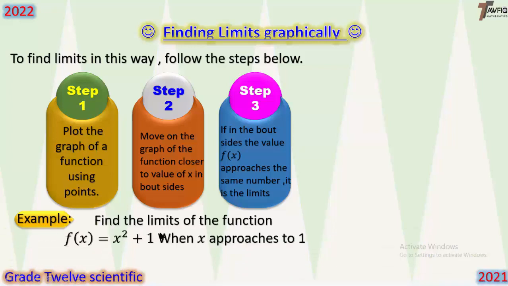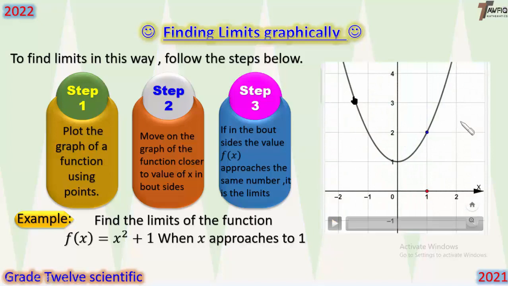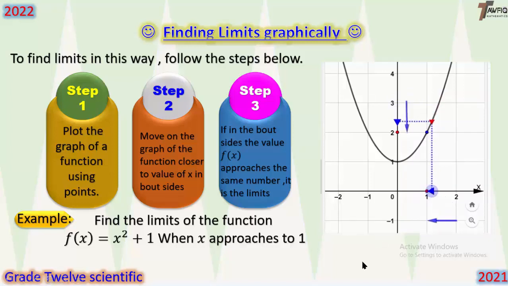Example: find the limit of the function f(x) equals x squared plus 1 when x approaches 1. And now this is the graph of this function. When we approach 1 from the right, as you can see here, the value of y approaches 2.